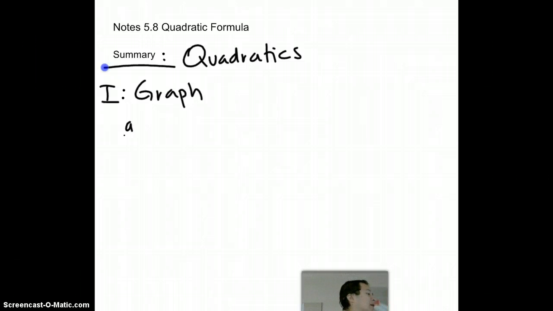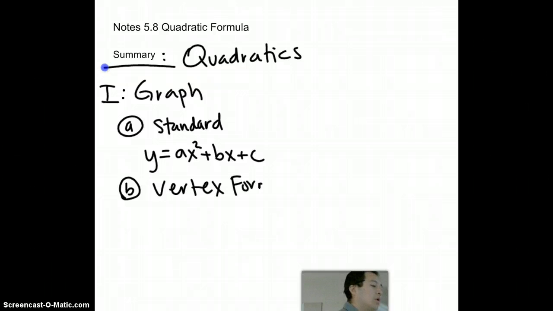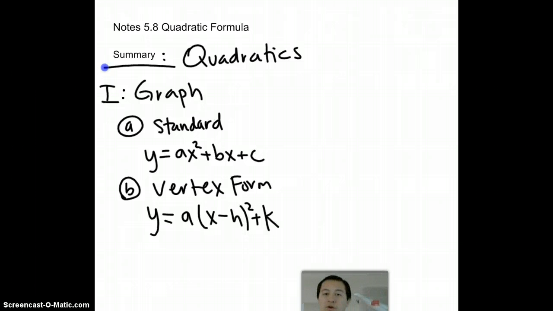Okay, so there are many forms that we graph. We graph one called standard form, which looks like y equals ax squared plus bx plus c. Then 2, we graph vertex form, which is y equals a times (x minus h) squared plus k. We graph those two kinds of forms, standard form and vertex form.